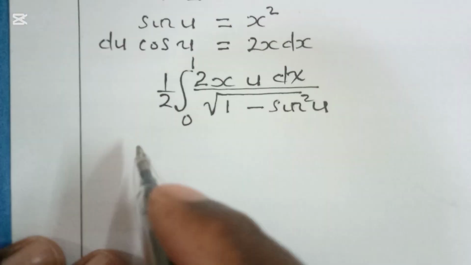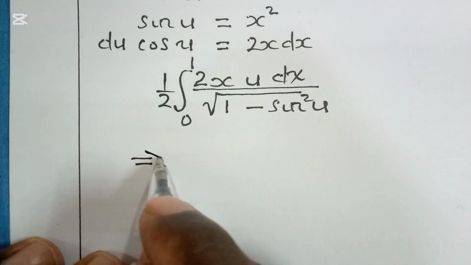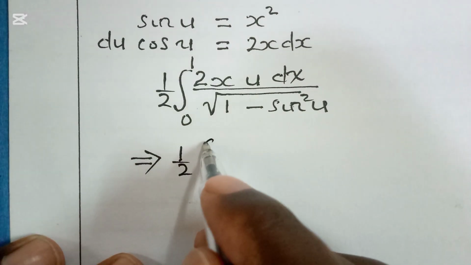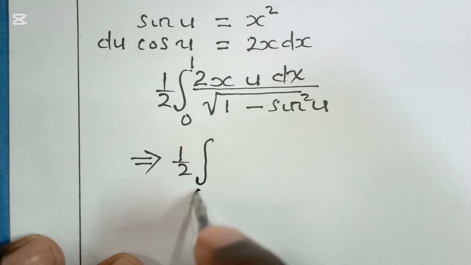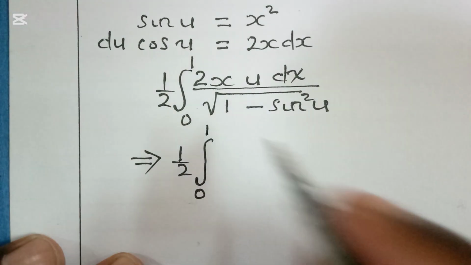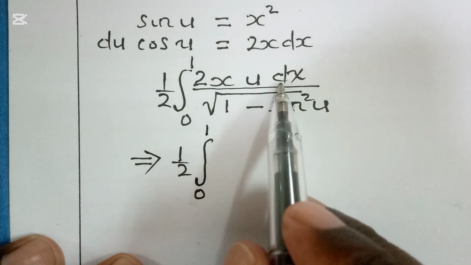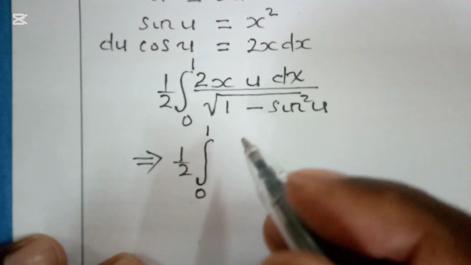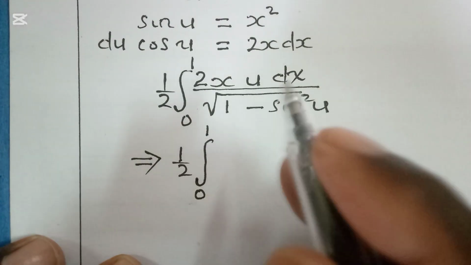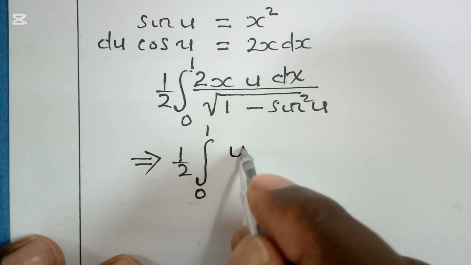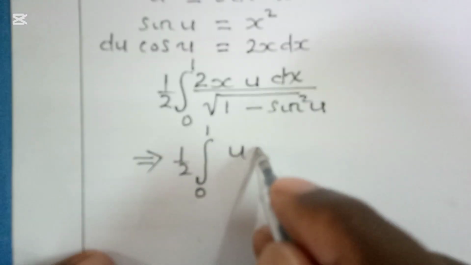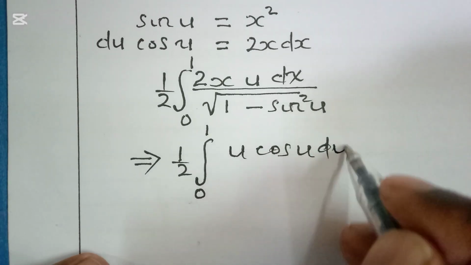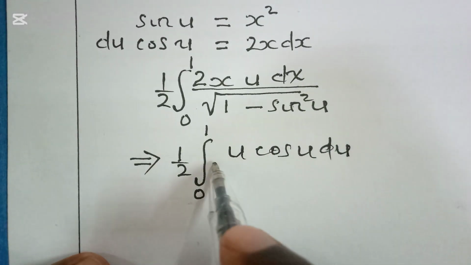So from there guys, I can now substitute for dx. So I have integral from 0 to 1. Instead of writing 2x dx, I will write du cos u. I begin with this u, which is already there, and then I write cos u and now du, like that, all over.